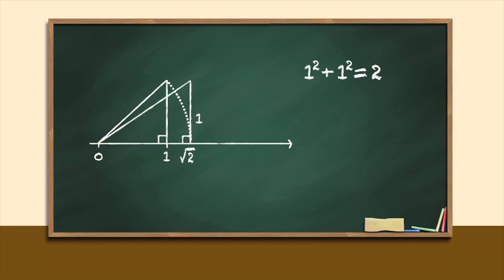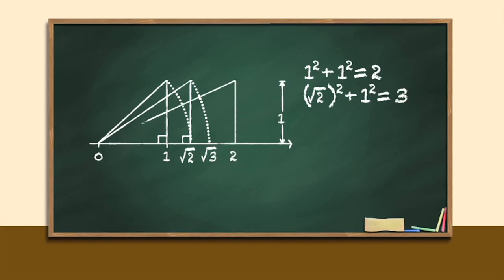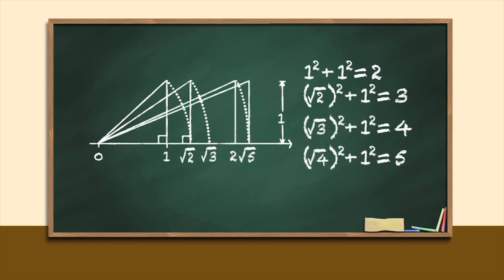According to Pythagoras' theorem, the square of square root of 2 plus 1 squared equals 3. Then the length of the hypotenuse equals the square root of 3. Draw an arc with the radius of the square root of 3. We can find the position of the square root of 3 on the number line. We can use the same method to find the positions of the other square roots on the number line.